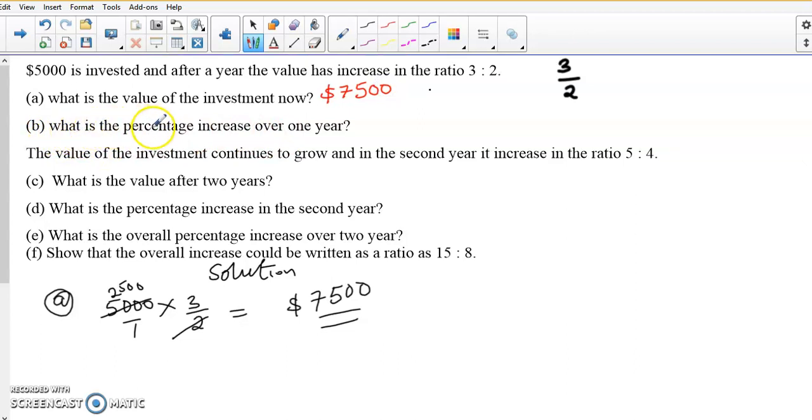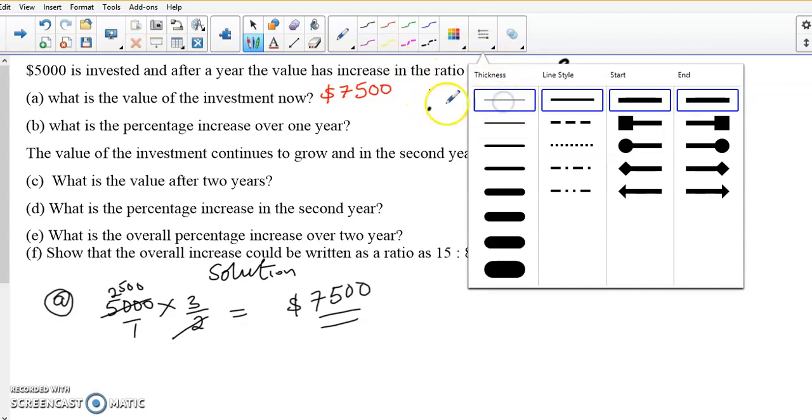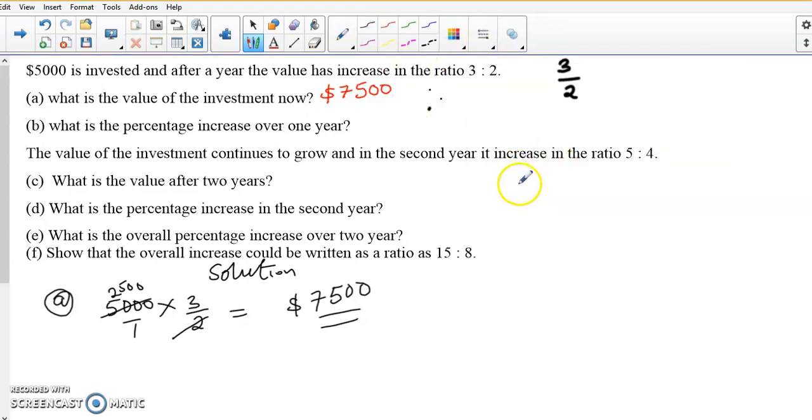Okay, now the next question says, what is the percentage increase over 1 year? Now we know that our percentage increase, which we have done before, simply means the increase over the original amount, or I can call it the initial amount, times 100/1.